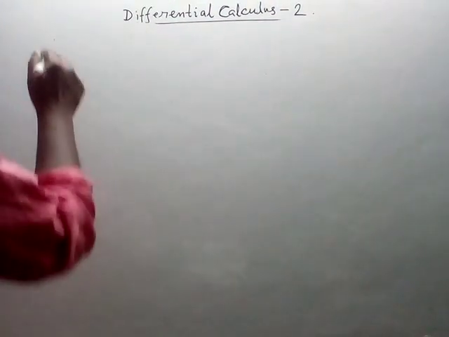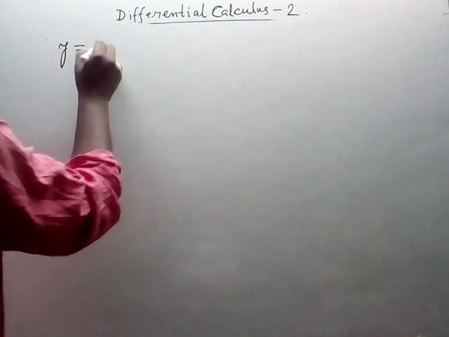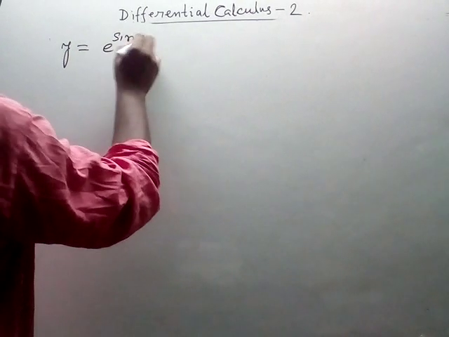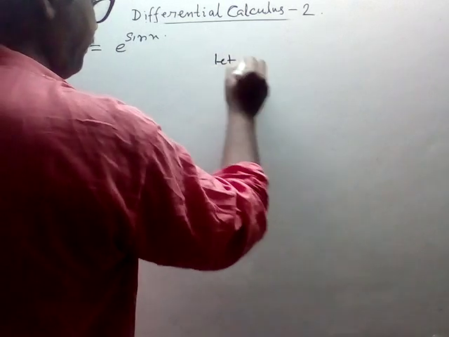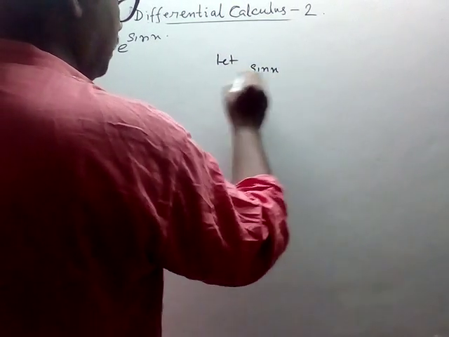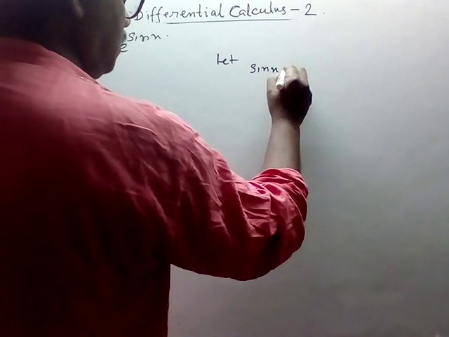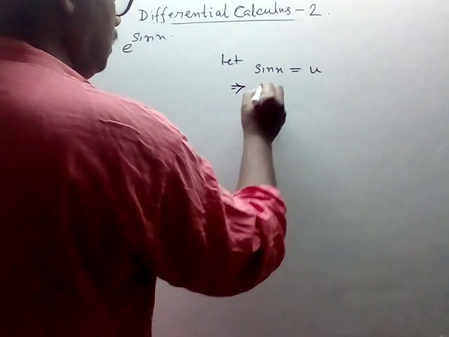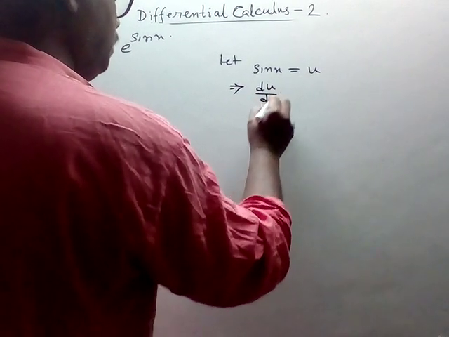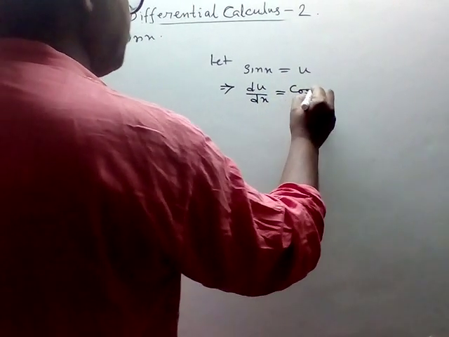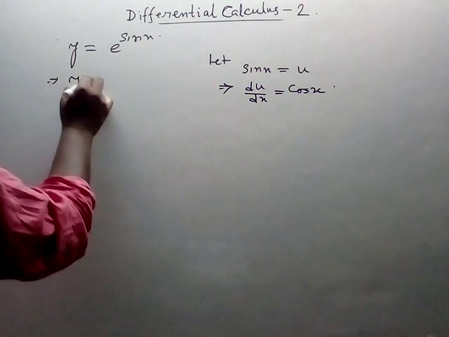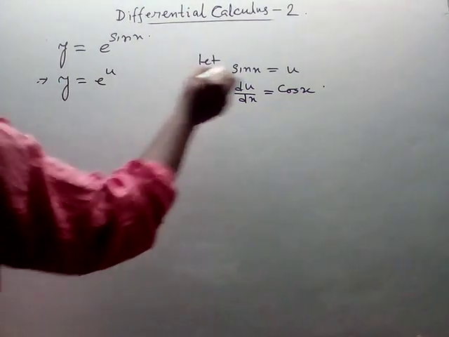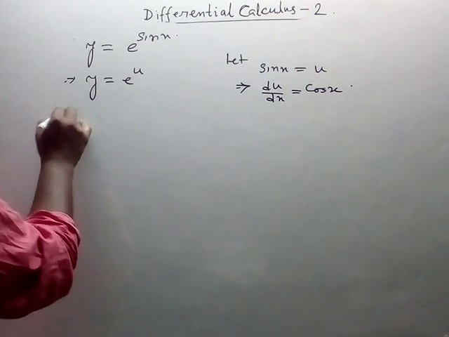We can do the derivative in another way, e power sin x. Let sin x equal u. If we differentiate, du/dx, the derivative of sin x with respect to x is cos x. Then y equals e power u, since sin x means u, so y is a function of u.